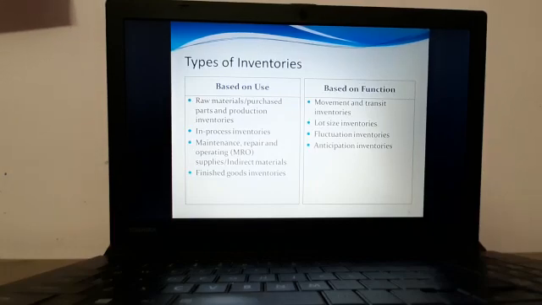Now we have something known as lot size inventories. It is based on function. Whenever you order a material, we will get not 1 or 2, it will be in a lot size. So lot size inventories come into the picture, classified based on function. And fluctuation inventories: keeping in mind there will be fluctuation in the availability of the materials, we keep something known as fluctuation inventories.